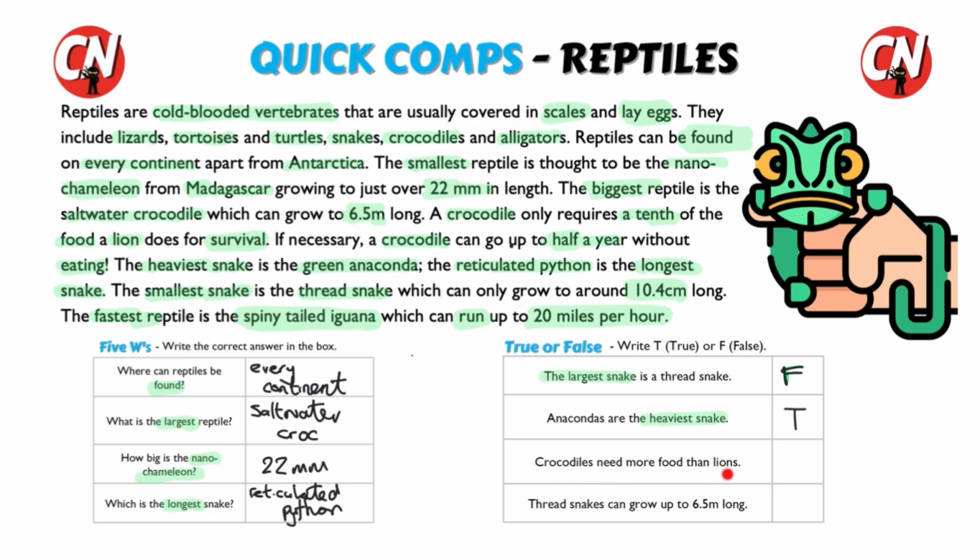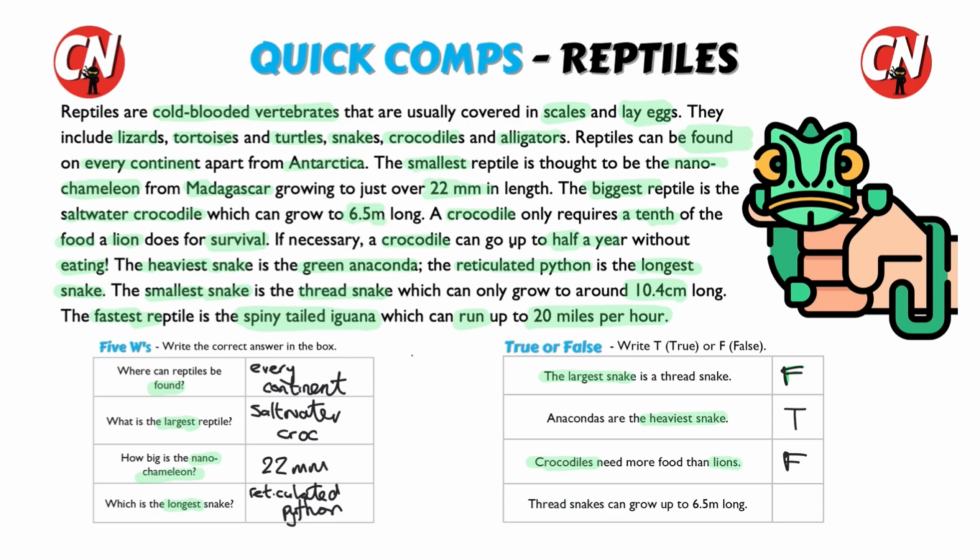Crocodiles need more food than lions. So again, key word, very, very simple, is crocodiles and lions. It's not going to say lions very often in a text about reptiles. So where does it say lion? Here it is. So let's read it. A crocodile only requires 1/10 of the food a lion does. So crocodiles don't need more food, so this is false. Very, very simple.